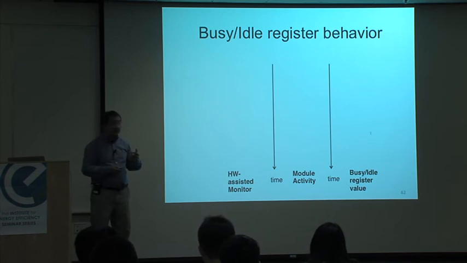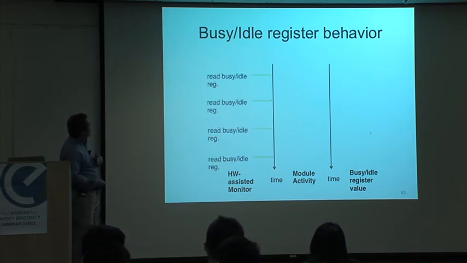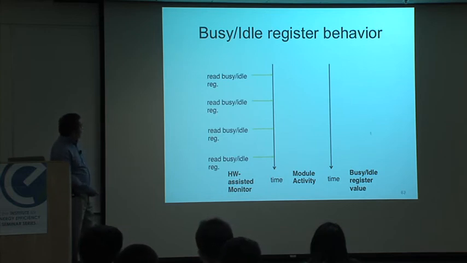And here's an example. Here is a monitor of the module's activity. This is the value of the busy idle register, the elaboration of the behavior of the register. The central power management agent would periodically check, read this register. Let's say this module is busy for this period and for this period.